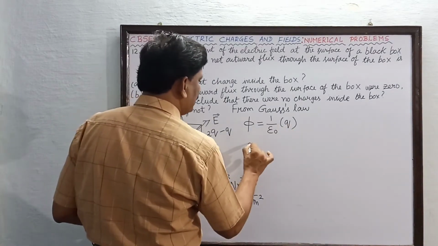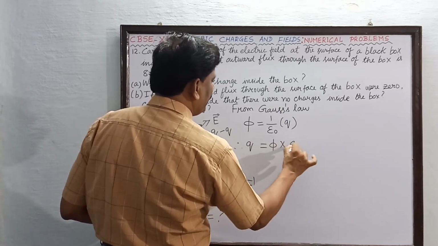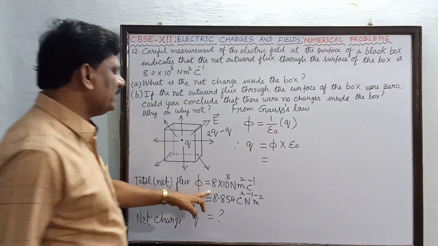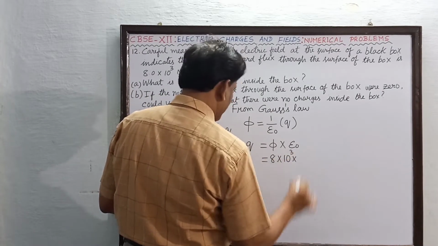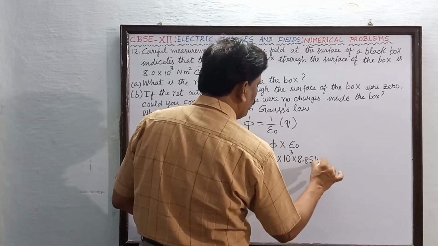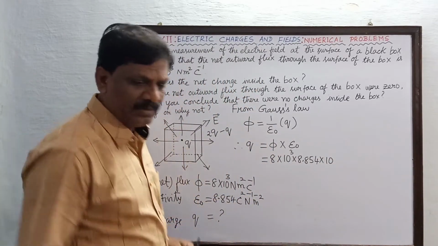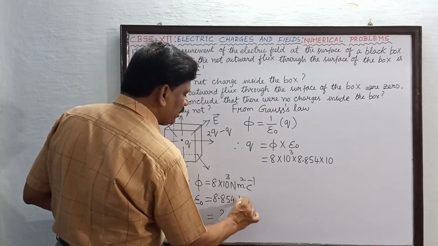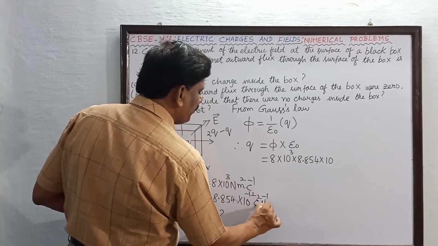Therefore Q is equal to the flux multiplied by epsilon naught. So we have to multiply 8 into 10 power 3 by 8.854 into 10 power minus 12, which is in coulomb square per Newton meter square.